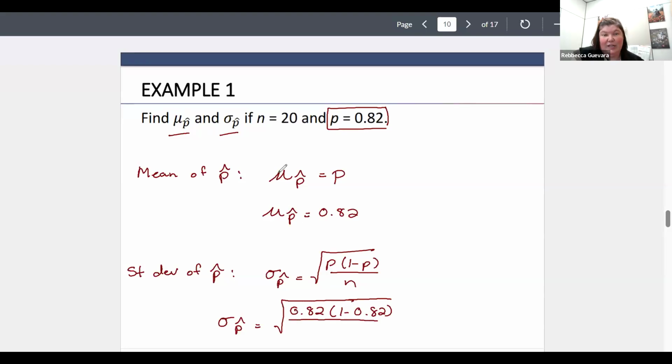So the standard deviation of my p hats will be the square root of 0.82 times 1 minus 0.82. We're told n, so we're taking samples of size 20. 1 minus 0.82 is going to leave me with 0.18.